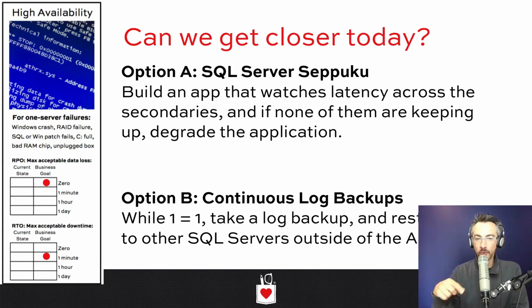While 1 equals 1, take a transaction log backup and go restore it somewhere else outside of the availability group. That actually doesn't get me to zero data loss, because I could lose seconds or even minutes of data if things start to go wrong. It just gets me closer to having some kind of plan B for an insurance policy.